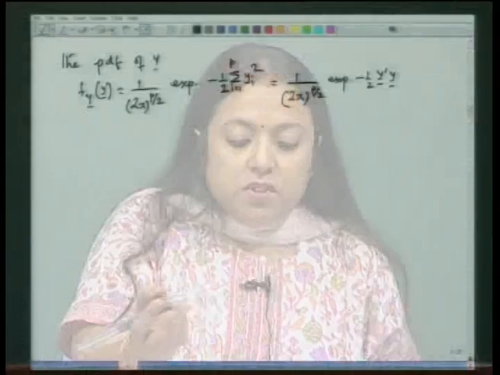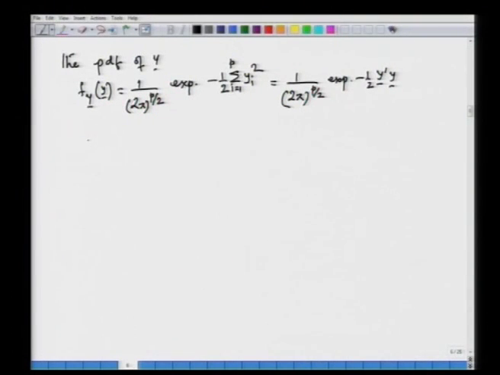Now, for the Jacobian of the transformation, again note that the transformation that we have used is y equals sigma to the minus half times x minus mu. Let us write it in terms of x, so that x is equal to mu plus the square root matrix of sigma times y.